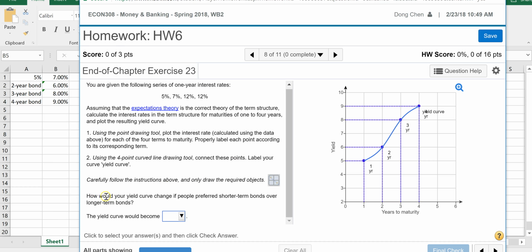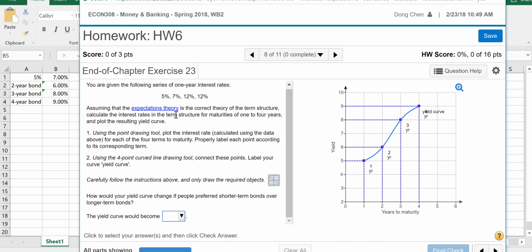How would your yield curve change if people preferred shorter term bonds over longer term bonds? So this expectations theory, as we said, depends on the assumption that investors are indifferent between bonds of different maturities as long as their annual interest rates are the same.